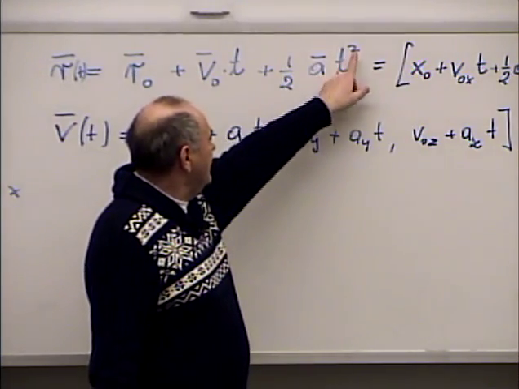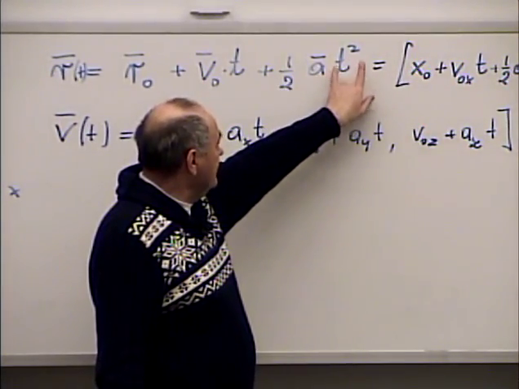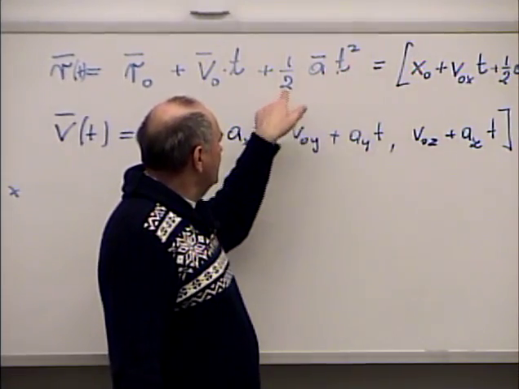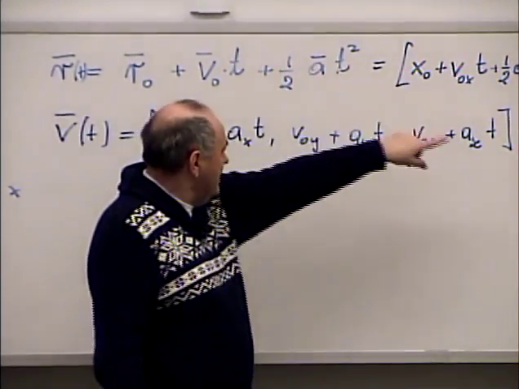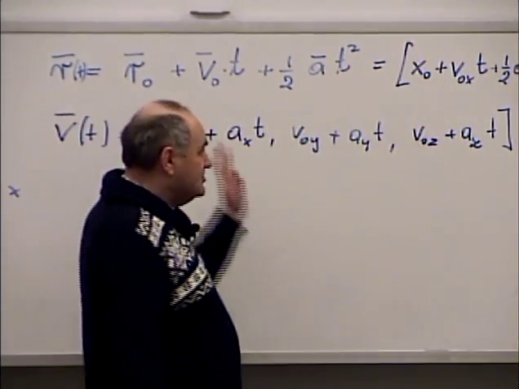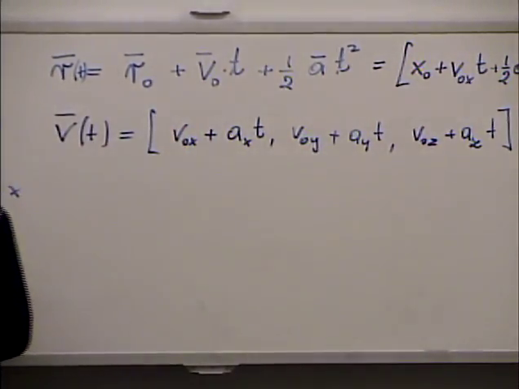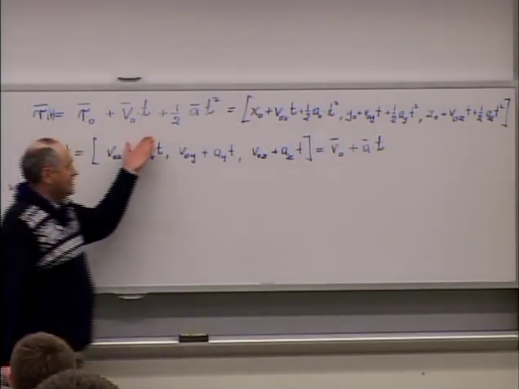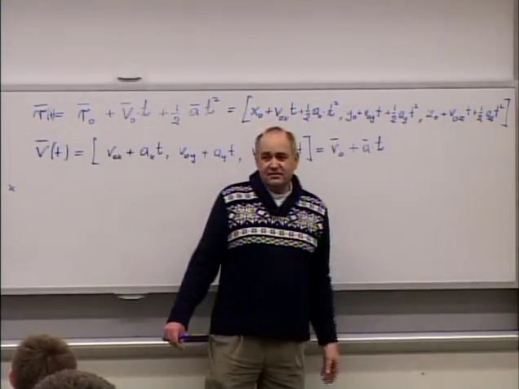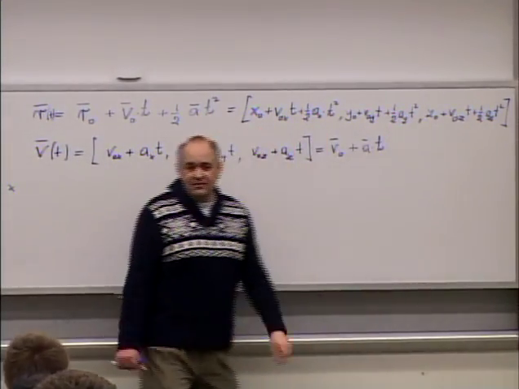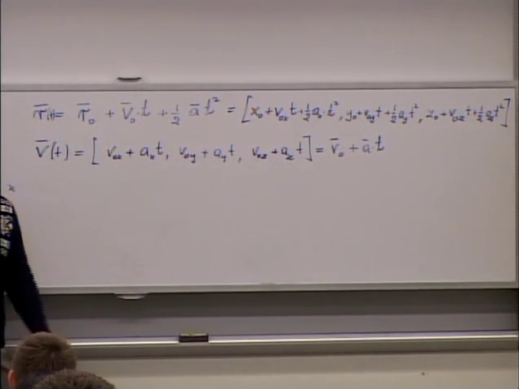I multiply by 2, the derivative of t squared, which will be 2t. So 2 and 2 cancel. I will have vector a multiplied by t. So you don't always have to write down the function explicitly in terms of scalar components in order to simplify the expression.